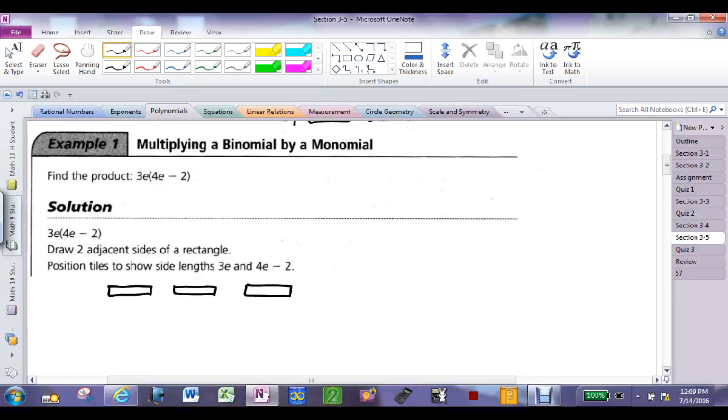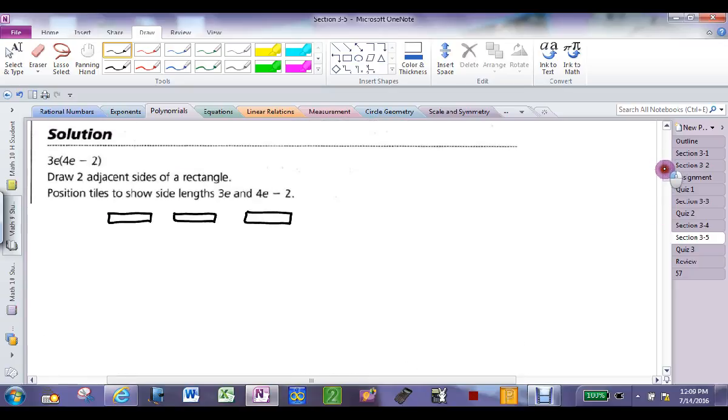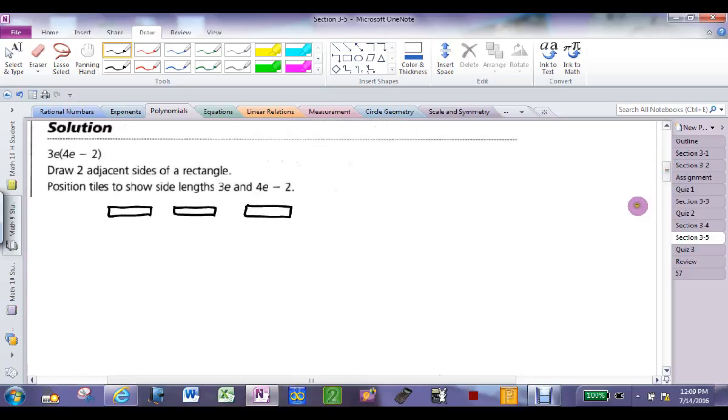And what then must be the other side of the rectangle? 4e minus 2. Okay. Actually, I'm going to change it to this way, guys. I'm going to put my 4e minus 2 up here because I had more room across the page. Cool? There's my 3e, agreed? There's my 4e and my minus 2, yeah?